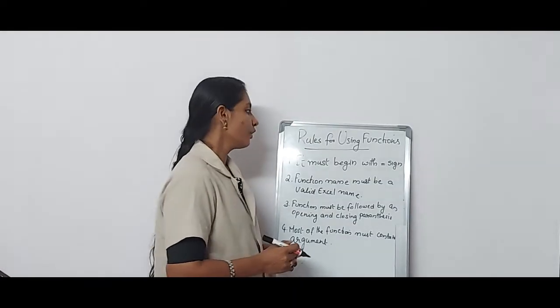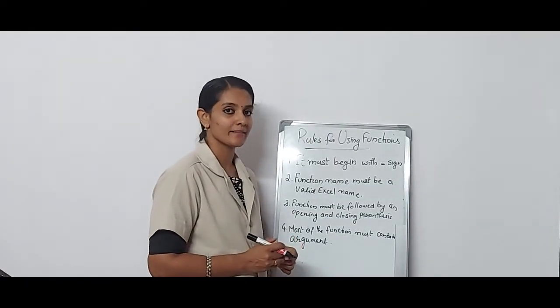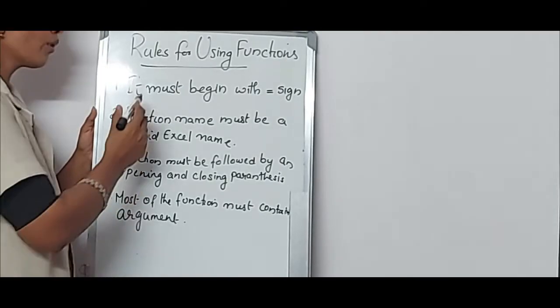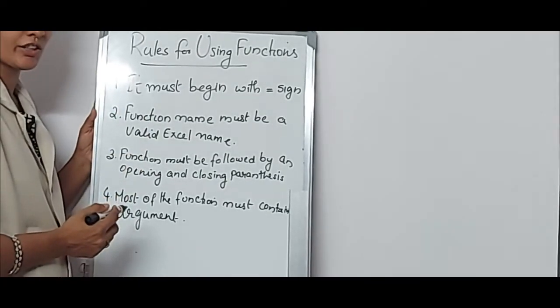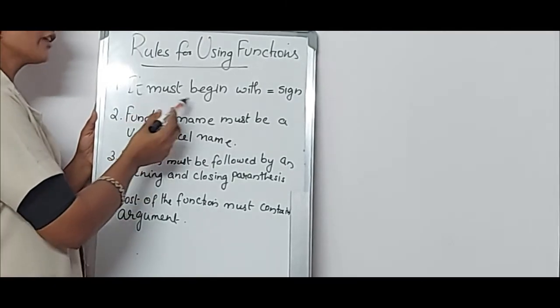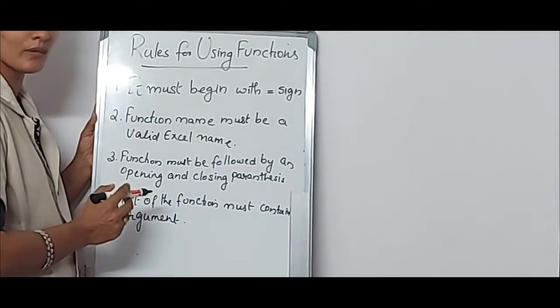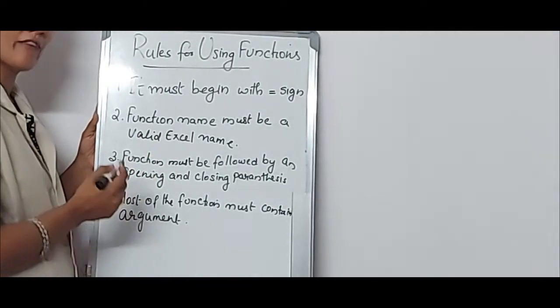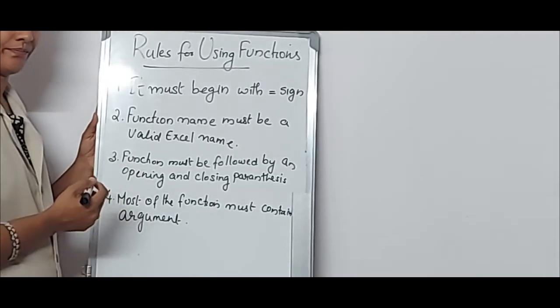Next is rules for using functions. These are the four rules for using a function. First one: the function must begin with an equal to sign. Second one: function name must be a valid Excel name.